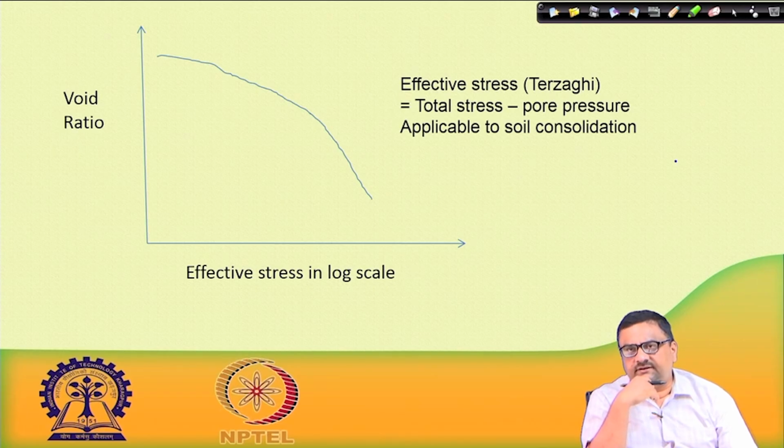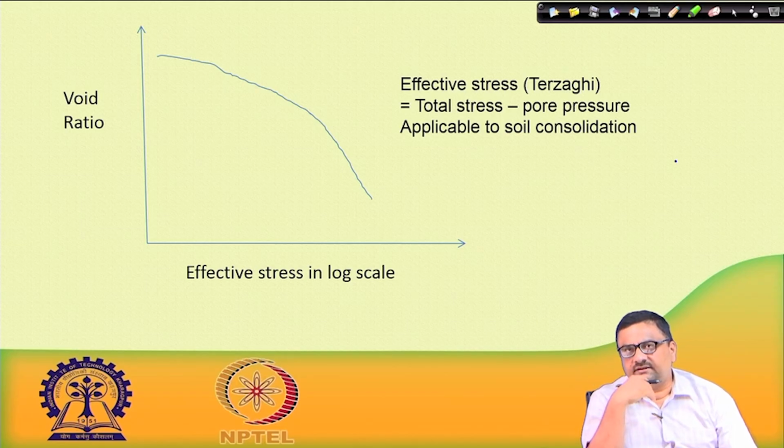This effective stress is also referred to as Terzaghi stress. It is basically the total stress minus the pore pressure. That means you are assuming that the excess stress and pore pressure are simply additive, and that gives you the total stress.